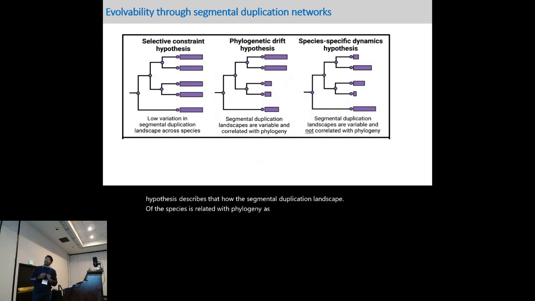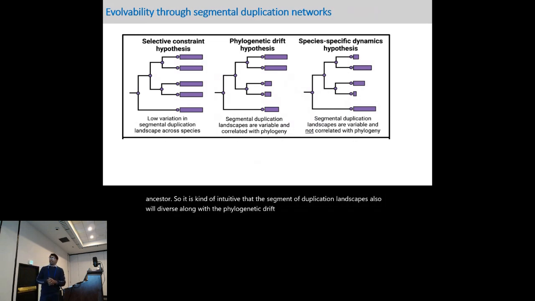As species diverge from their recent ancestor, it is intuitive that the segmental duplication landscapes also will diverge along with the phylogenetic drift.